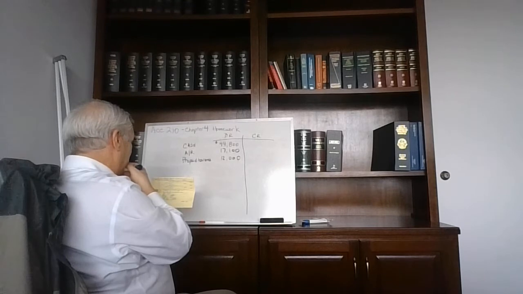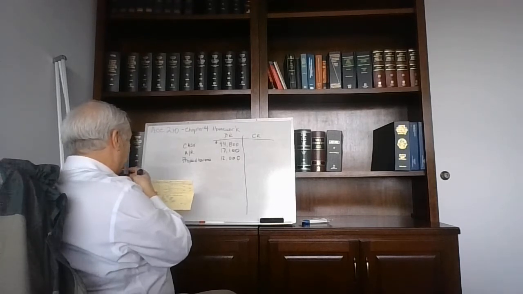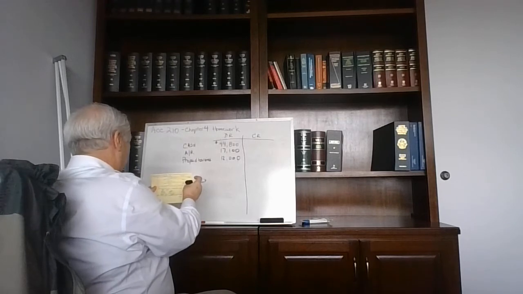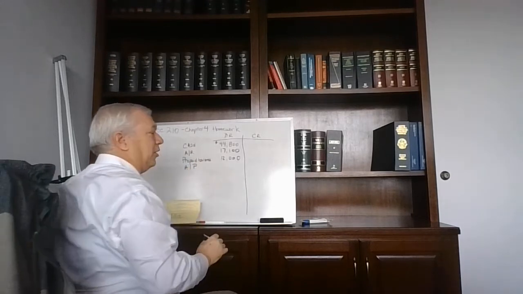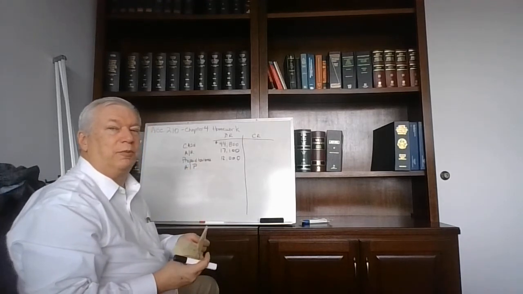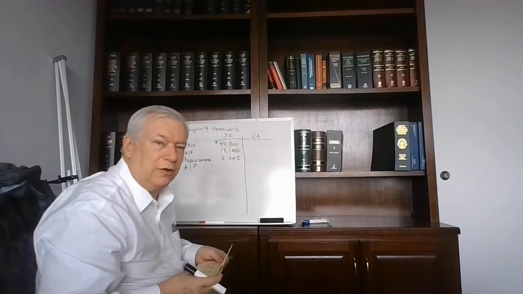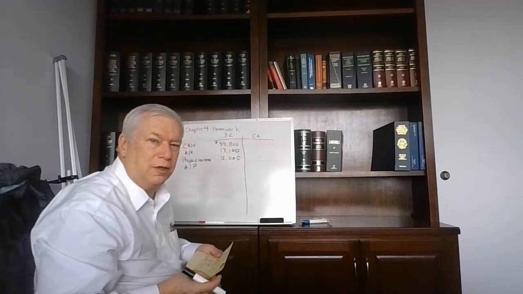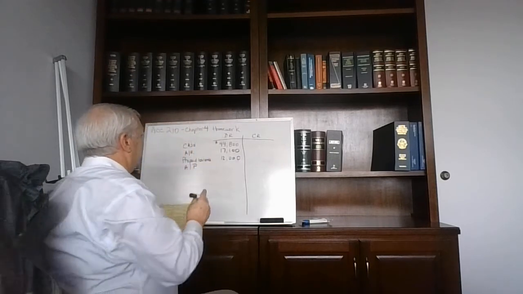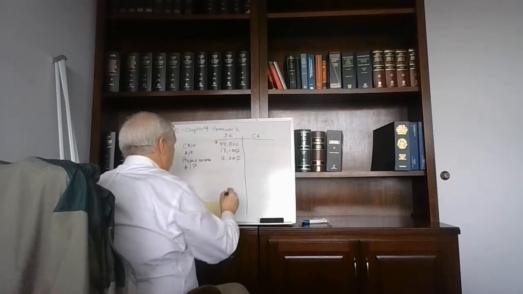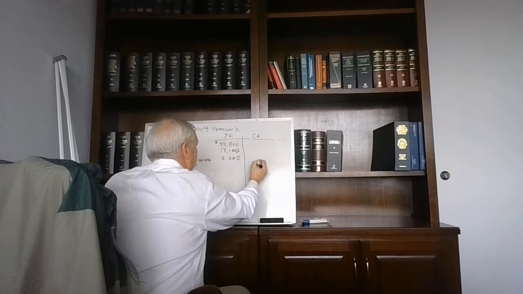So let's see. After prepaid insurance, it looks like our next account is accounts payable. So accounts payable is a credit entry. Accounts payable is a liability, and on the unadjusted balance, it was $11,700, and it still is $11,700.